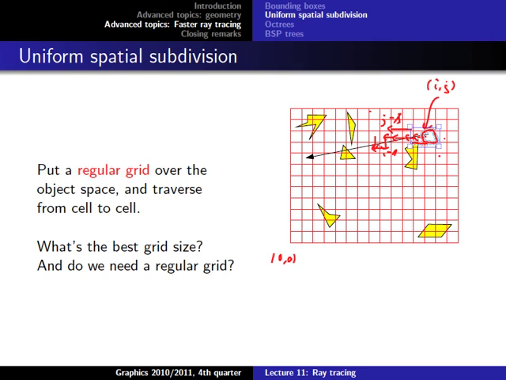Or in this one particular case where it goes directly through the intersection points, then of course we have to increase i and j at the same time because we have this situation here. But you see that we can just go to one cell, check it, and then look where the ray exits, and then we know where the next cell is. So the traversal here is quite simple and straightforward.